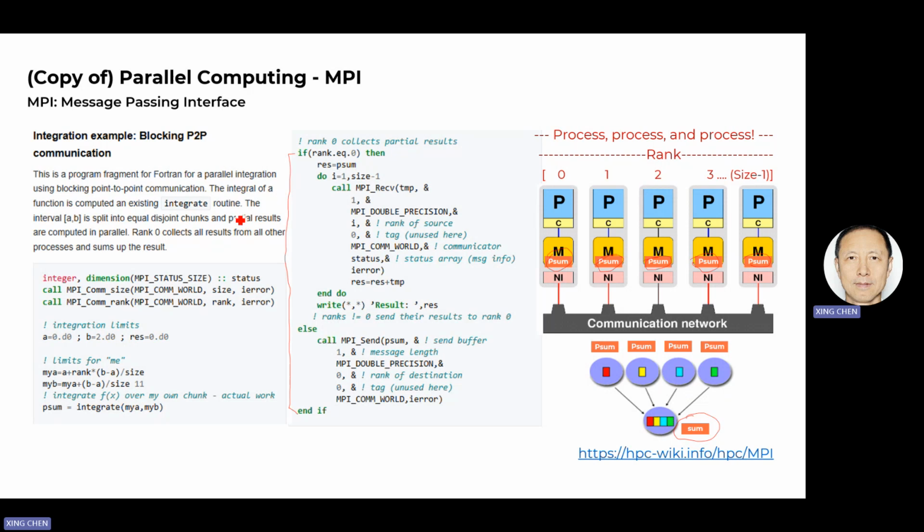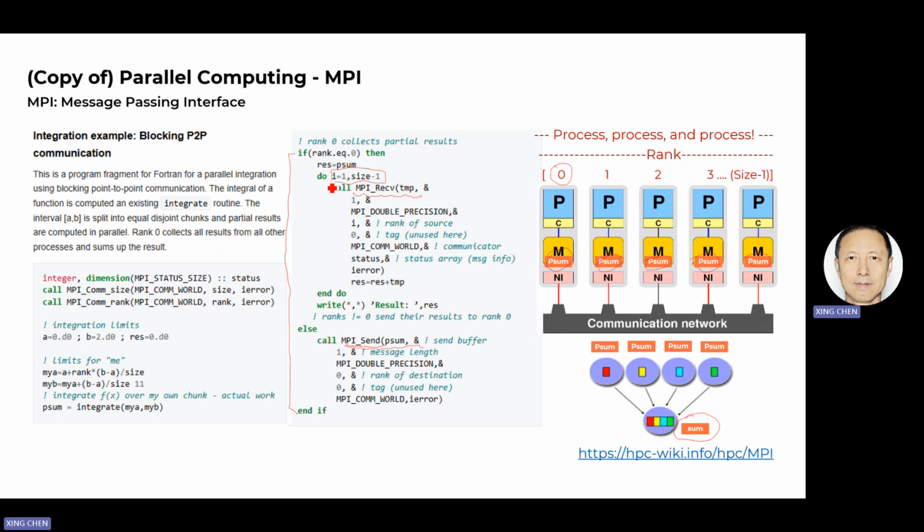So what this piece of code does is that it's going to make rank 0 receive the psums from all the others. And all the others are going to send their psum to rank 0. Rank 0 needs to receive multiple times, because it needs to receive a message from each other node.